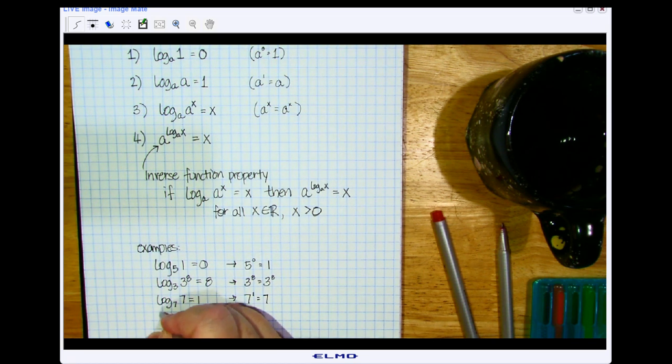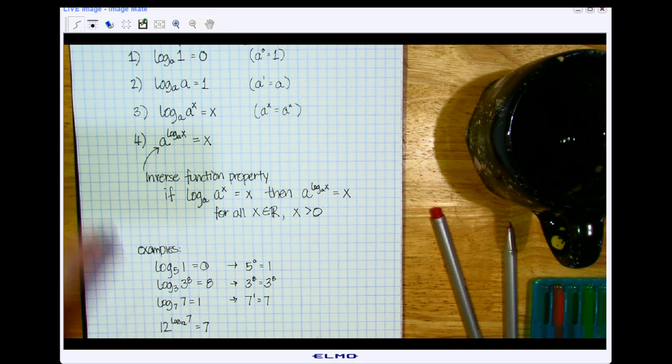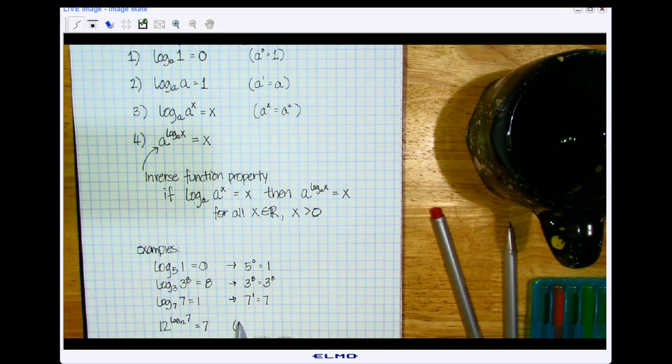And if I have 12 to the log base 12 of 7, this is going to equal 7. That's the inverse solution.